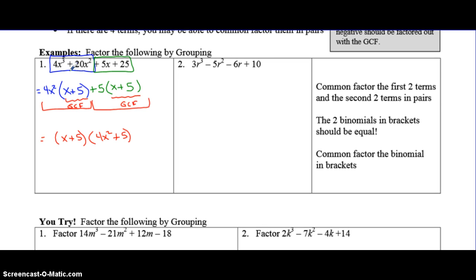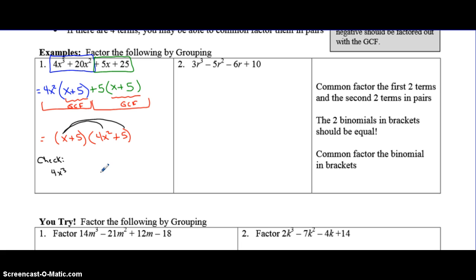So when you factor by grouping, what you are doing is really undoing the FOILing process. If you wanted to check your answer, x times 4x squared is 4x cubed.